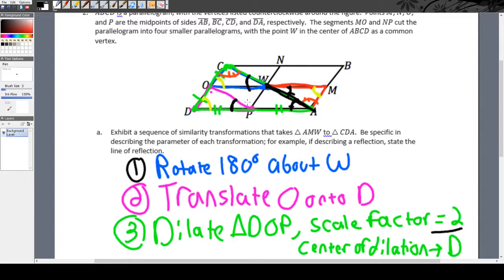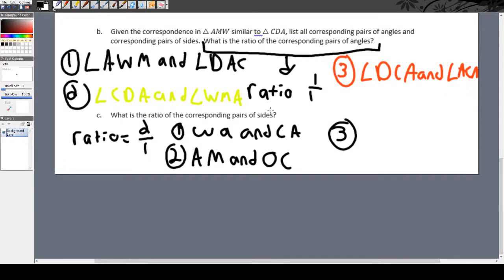The third corresponding side is from the yellow to the black, which is WM and DA. WM, yep, yellow and black. WM and DA. And that completes problem number 2.